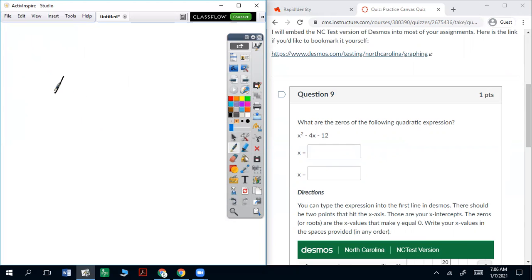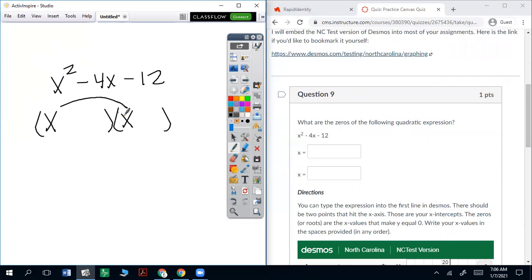So if I'm taking x squared minus 4x minus 12, I want to think about two expressions that could multiply to get that. They both have to start with x, because x squared is x times x. But then you have to break down the negative 12. You can break down 12 a couple different ways, right? You can say 1 times 12, 2 times 6, 3 times 4.